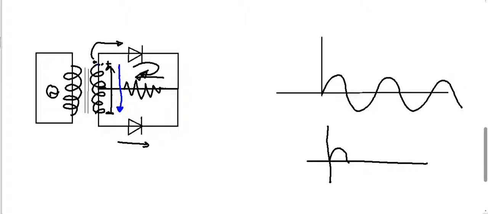This is at a lower potential and this is at a higher potential, because in the second half the potential has come to the negative side, so the polarity is reversed.